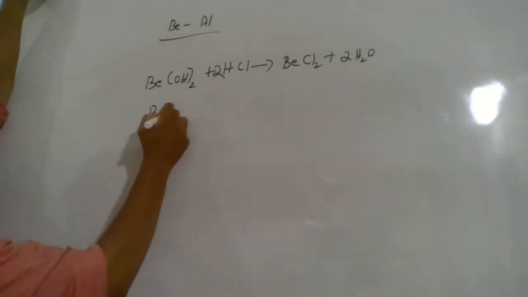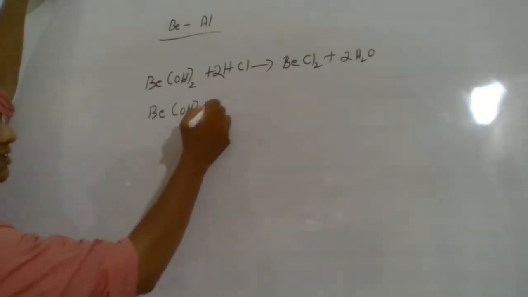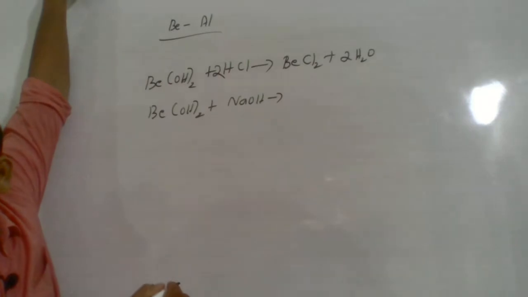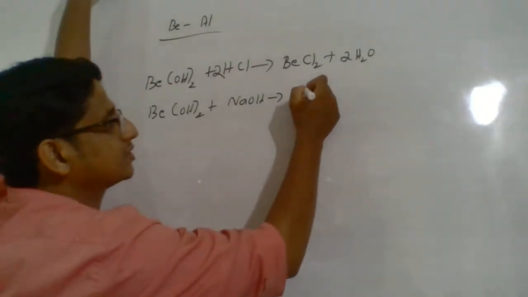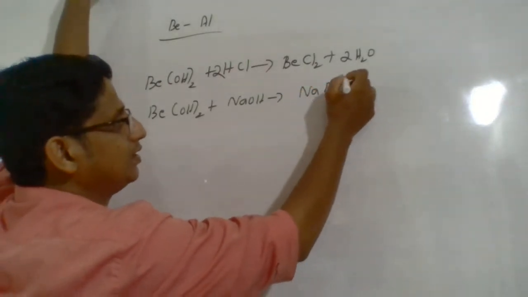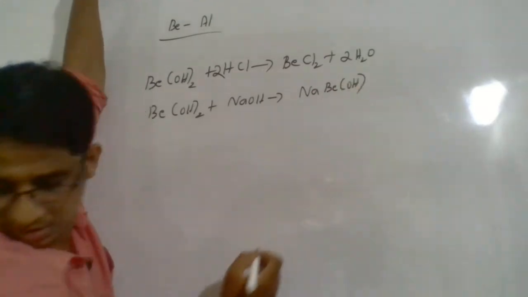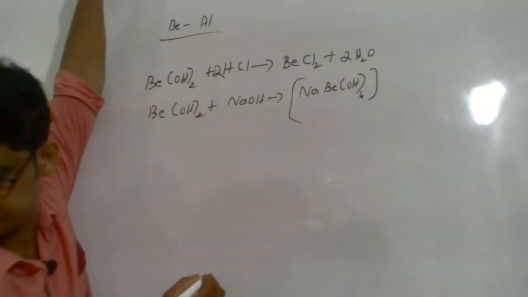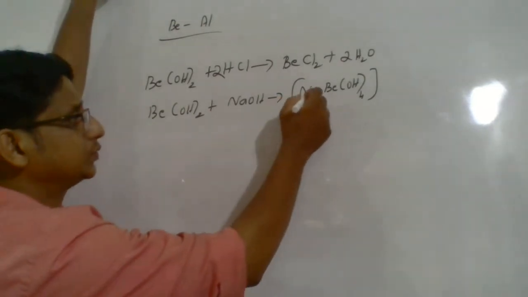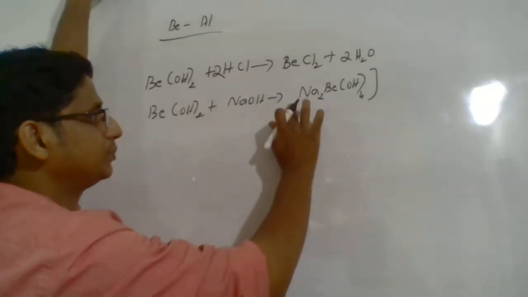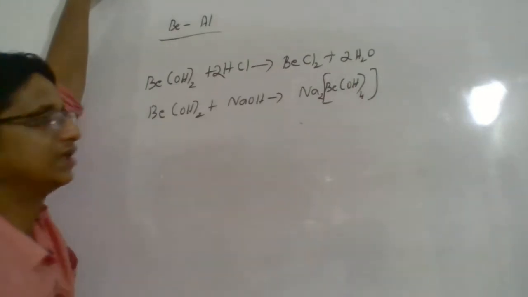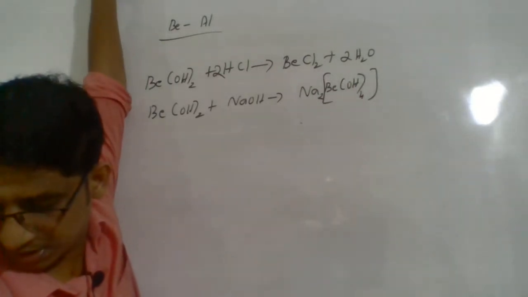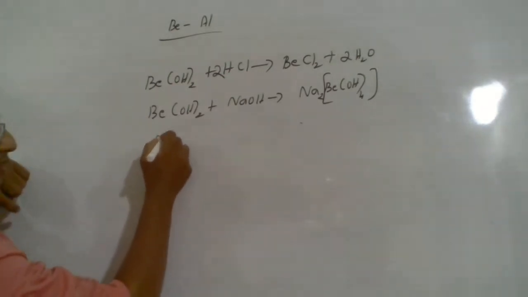Similarly, beryllium hydroxide reacts with the base to form the corresponding berylates, Na2[Be(OH)4].